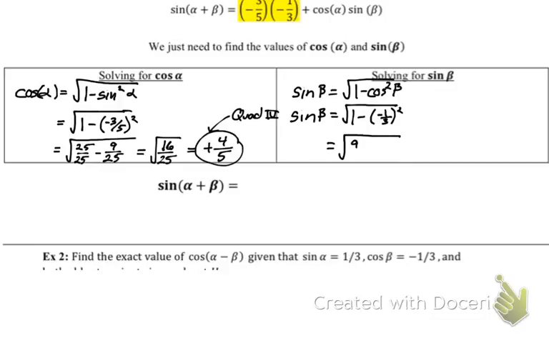So I'm going to change my 1 to 9 over 9 minus 1 over 9, which equals the square root of 8 over 9. So we have the square root of 8 over the square root of 9. Square root of 9 is easy, it's just 3. Square root of 8 is simplifiable because 4 goes into it. So you could rewrite the square root of 8 as the square root of 4 times 2, which is 2 square root of 2. It's going to be 2 square root of 2 over 3.